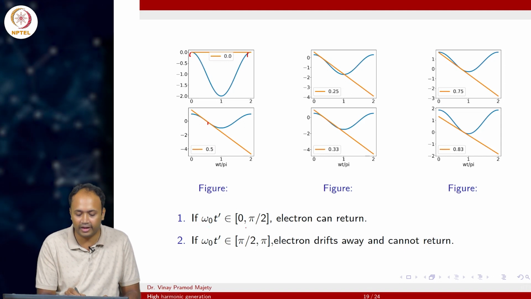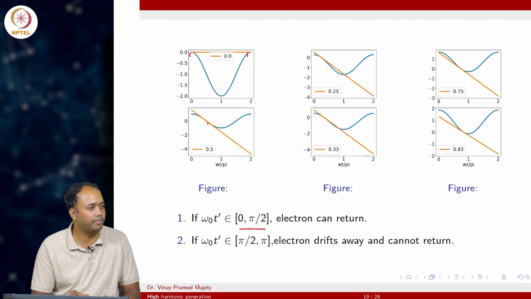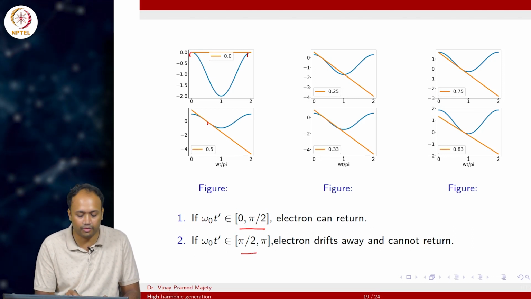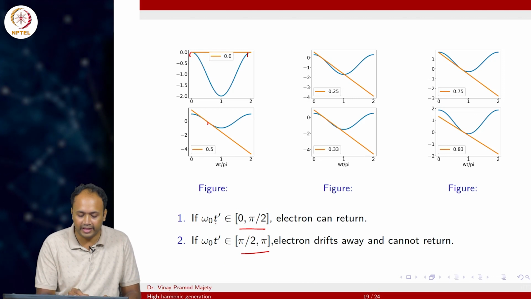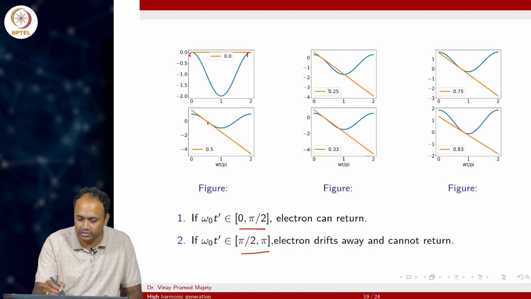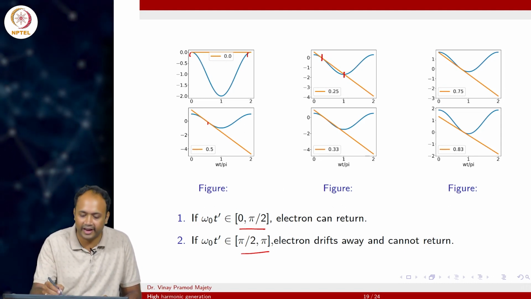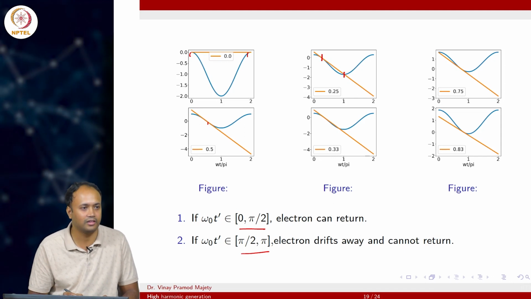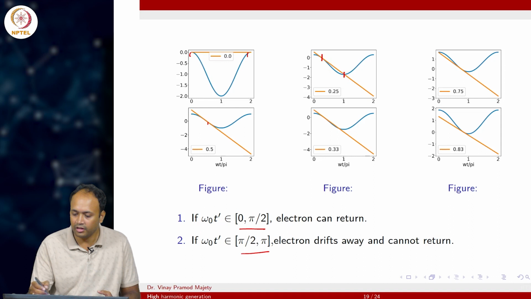One is when omega naught t prime, that is the ionization time, is between 0 and pi by 2, and the ones between pi by 2 and pi. You see that if the ionization time is between 0 and pi by 2, as in these two examples, this is the time it gets ionized, and then I have one point where it can intersect. So, that means there is a particular recombination time. The same thing here.